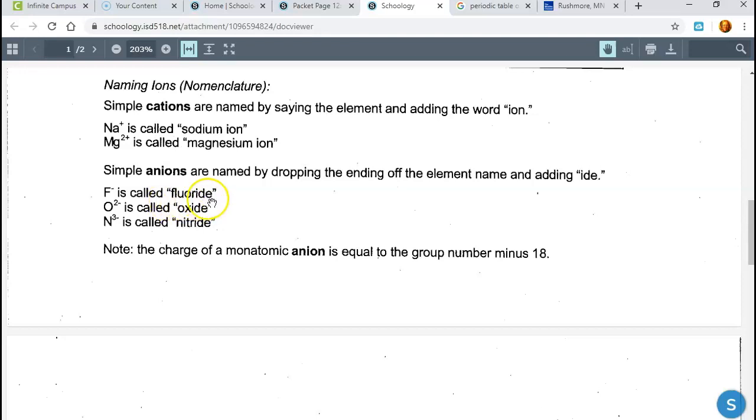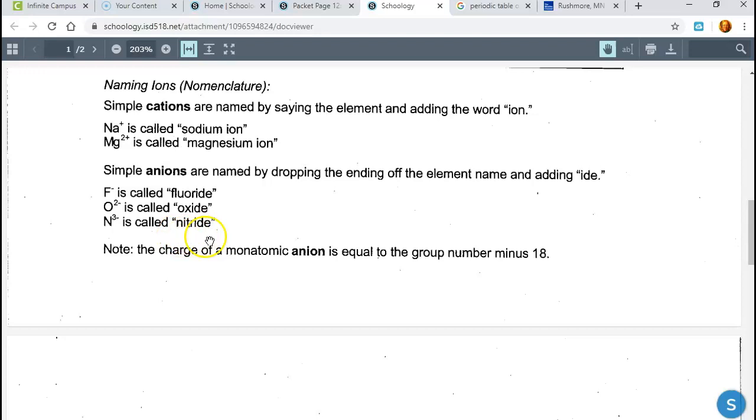And you've probably heard of fluoride in your toothpaste or at the dentist office. Okay, oxygen, if we gain those 2 electrons to be happy, we change it to oxide. Nitrogen would gain 3 electrons, we call that nitride.